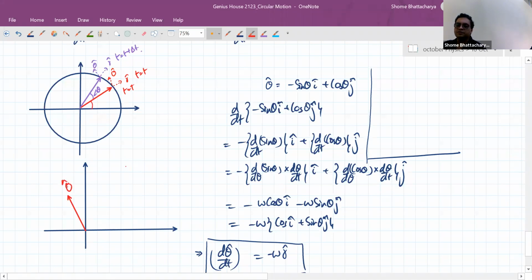This was my theta cap at t equal to t. And now it has become like this. Without changing magnitude, it's just rotated by a small angle, which I am showing as delta theta, but you have to imagine it as much smaller, d theta. So this angle is delta theta. This has become my theta cap at time t equal to t plus delta t.